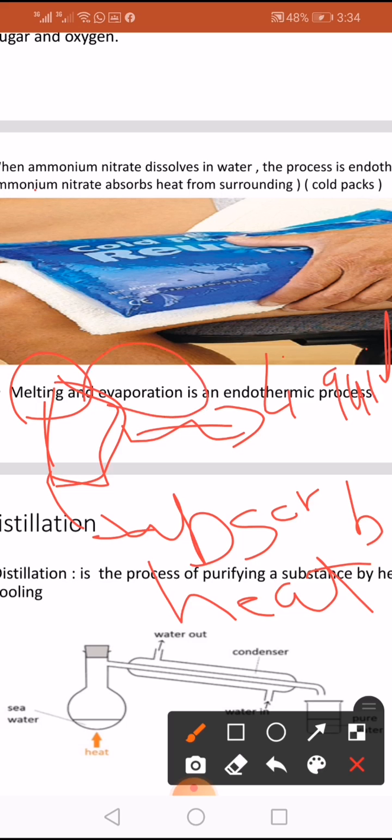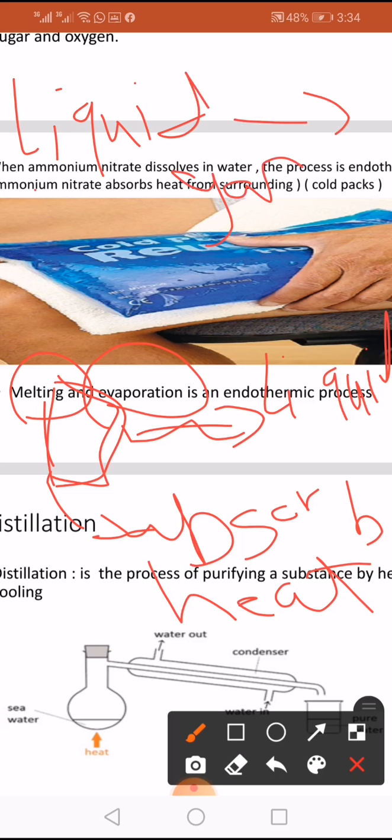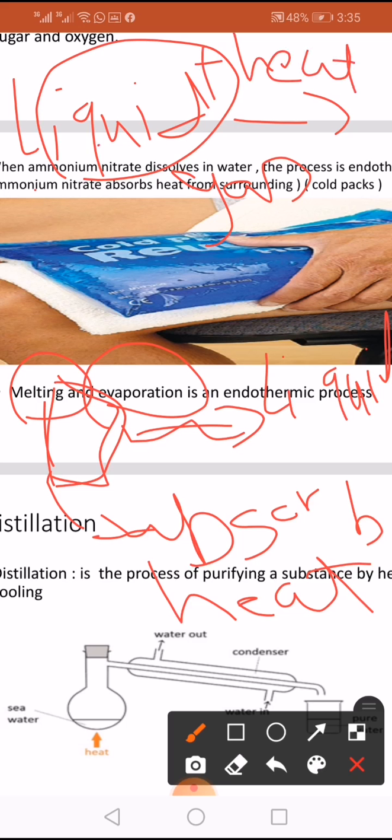Another example is evaporation. To evaporate water, or to turn a liquid to gas, we need what? We need heat. So we add heat to the liquid, and the liquid absorbs the heat and turns into gas or water vapor.